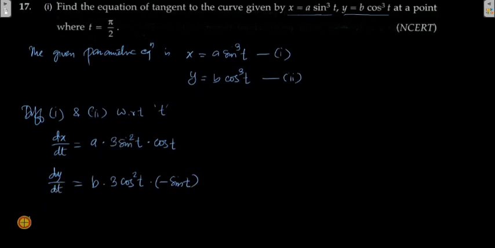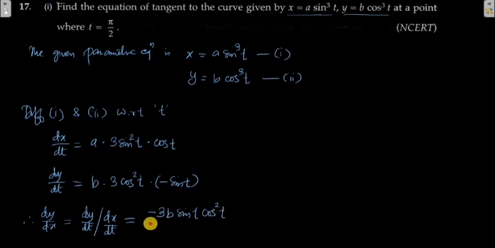So your dy by dx will be equal to, all of you know the formula, dy by dt divided by dx by dt. So this is the formula for finding the derivative of a parametric equation. So what is dy by dt? If you want to rearrange this, that will be better. Can I write this as minus 3b sin t cos squared t?